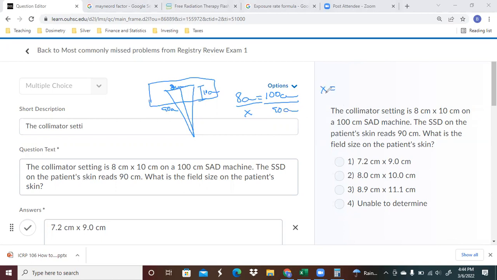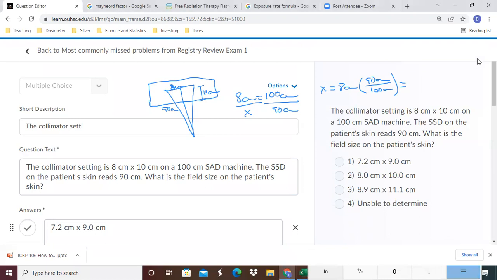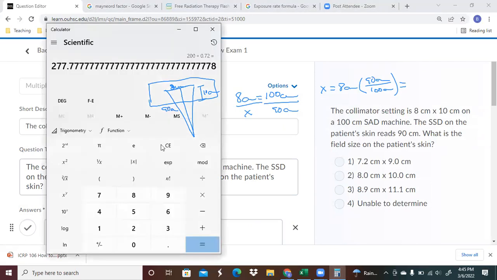So whatever the size here at 90 is going to be 8 times 90 divided by 100. So we end up with 7.2.